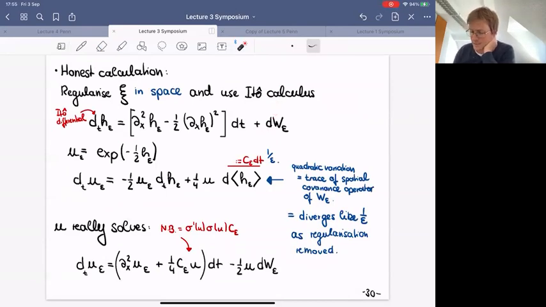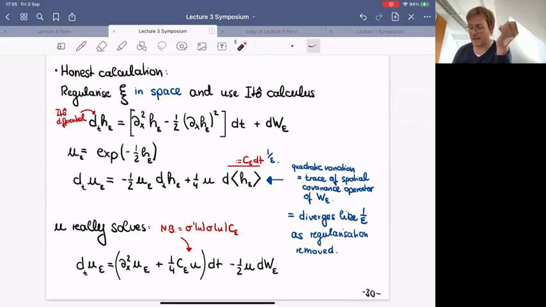And now I do the same calculation. I calculate, instead of taking the time derivative, this Ito differential, right? And you get exactly the term that you had before, the u times the Ito differential of this one.